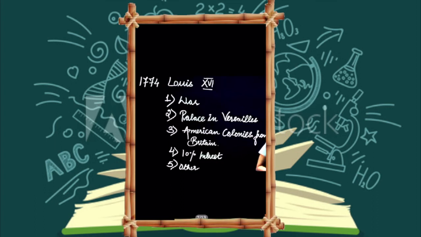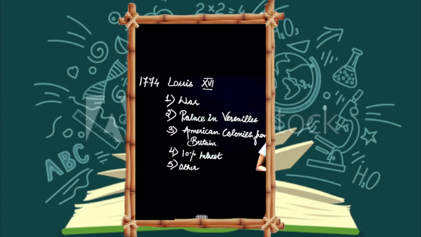As I told you in the previous class, in the American War of Independence, France helped the 13 colonies of America, and they got independence from Britain with the help of France.